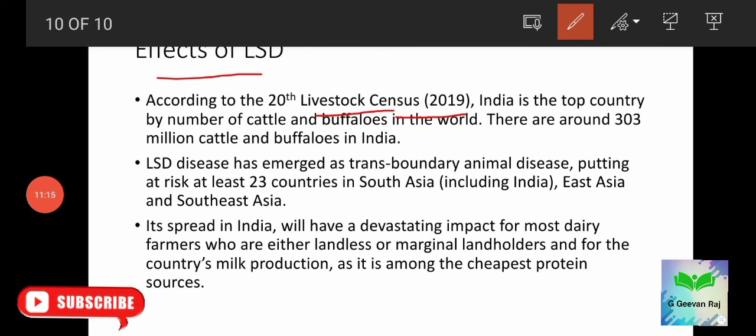In addition to that, the milk production in our country will also be highly impacted. That is also a cause of concern because in India, milk is one of the cheapest sources of protein. As we all know, protein is very essential for the growth of a human being, and milk is one of the cheapest methods by which we are able to have the necessary protein in our diet.